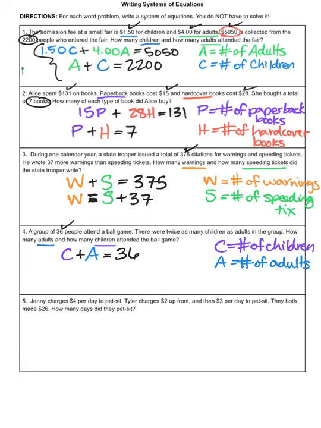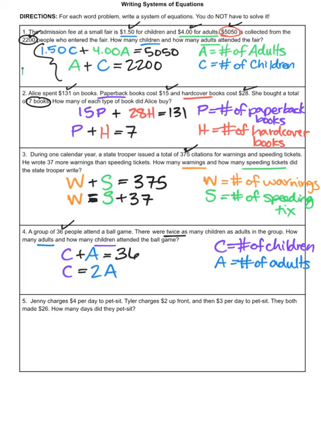There were twice as many children as adults in the group. So twice as many means to multiply by 2. So if there's twice as many children, then that means the number of children equals 2 times the number of adults. So I'll write 2A. And that's it. That's all the information I have, but it's also all the information I need.